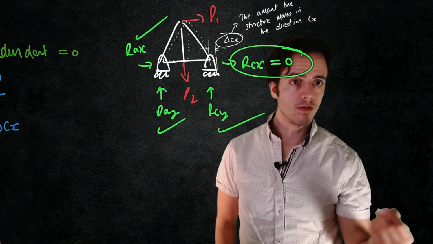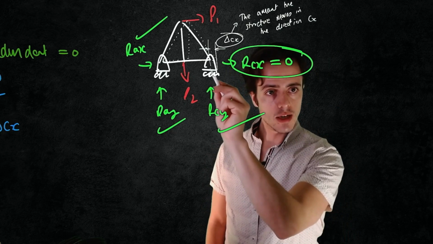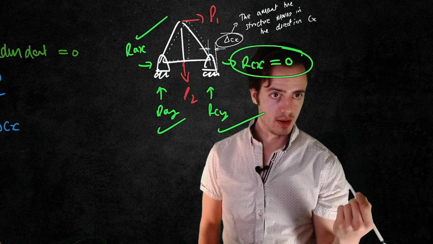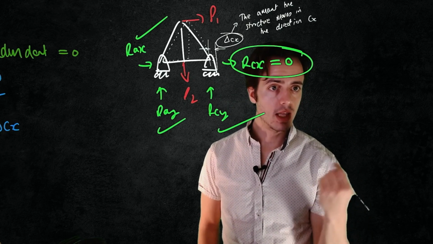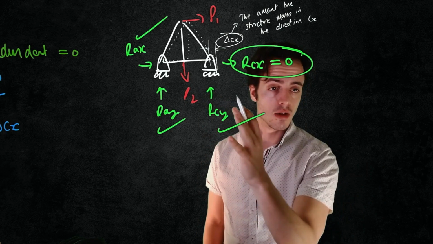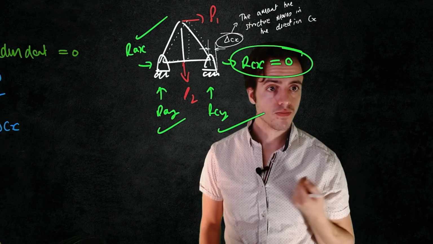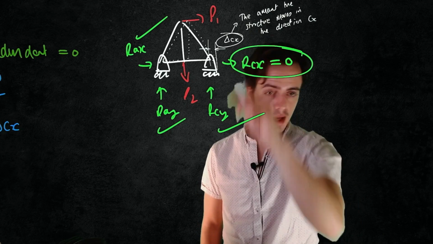So the way that we solve for this is we say, okay, we're going to set the redundant reaction to be -1. And then we're going to see how much the structure would move in the other direction just because of that reaction of -1. We're going to ignore P1 and P2 for the moment.